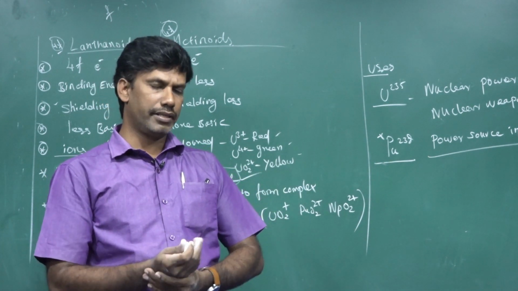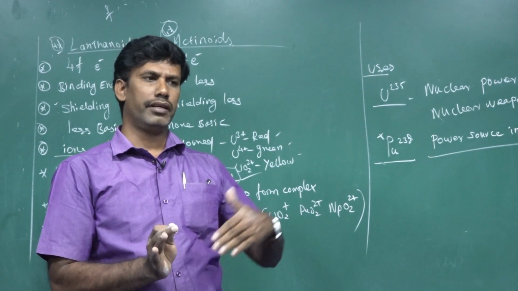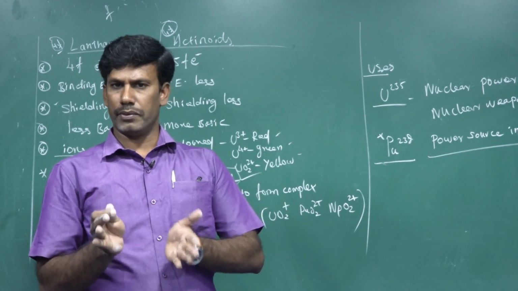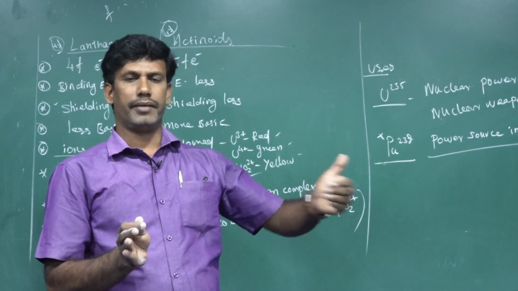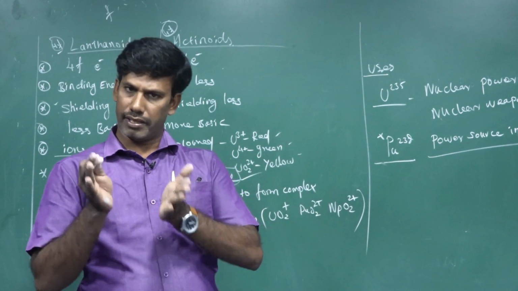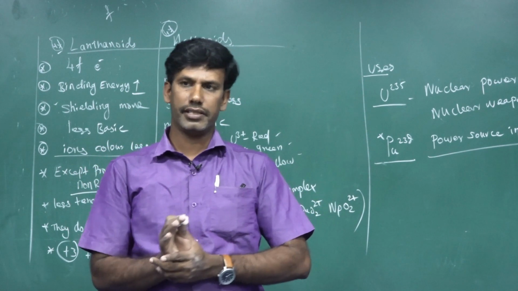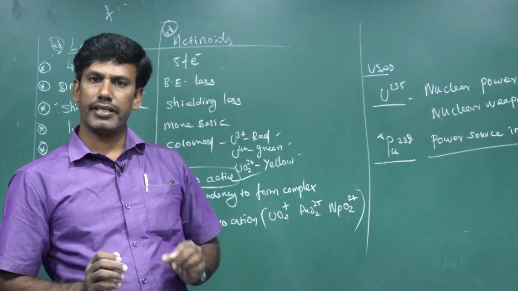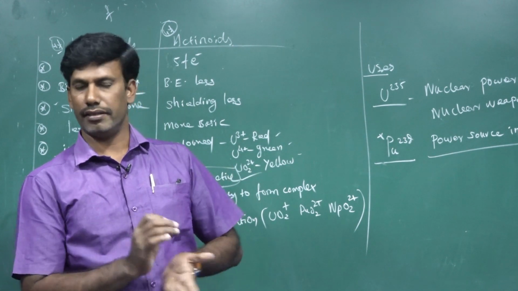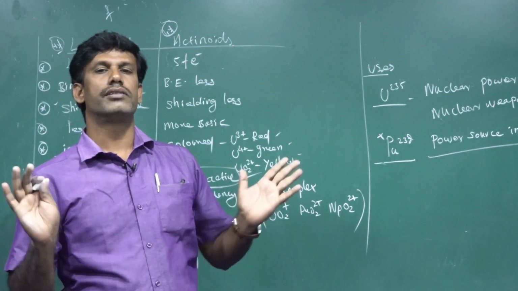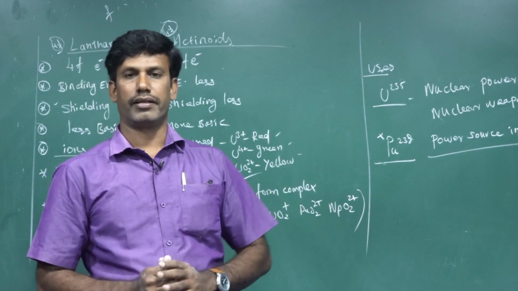Actinide contraction is not given in the book; it is just similar to lanthanide contraction. In lanthanide contraction there is a steady decrease in ionic size as atomic number increases. Likewise, in actinides there is a steady decrease of ionic size as atomic number increases. Lanthanide contraction is due to poor shielding of 4f electrons, whereas actinide contraction is due to poor shielding of 5f electrons. Then we saw the comparison and the uses of the actinides.